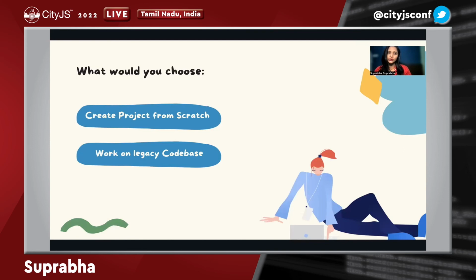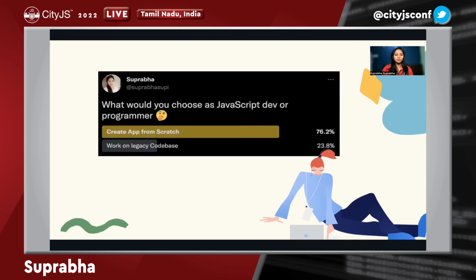What would you choose, when creating a project from scratch or working on a legacy code base? I took a poll on the Twitter community as well, and they mostly selected creating an app from scratch.